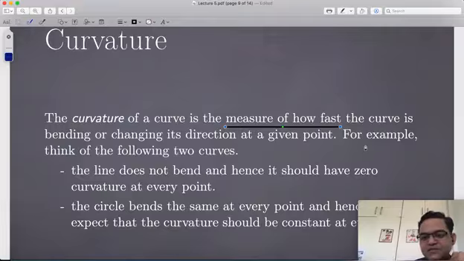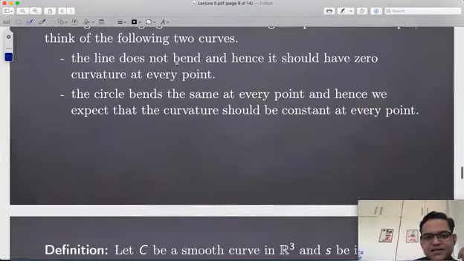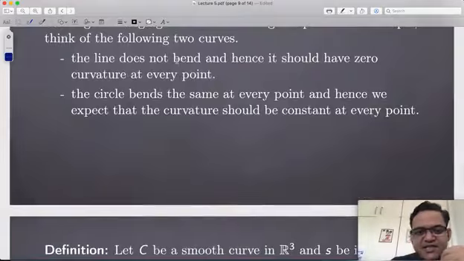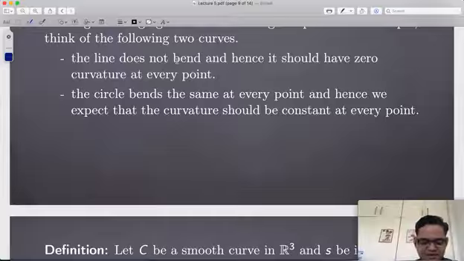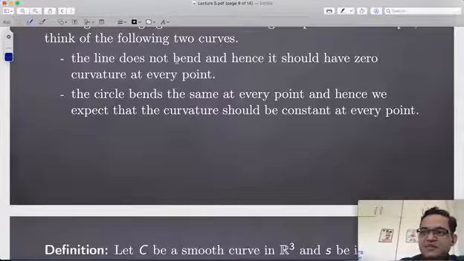For example, these examples you already know: if I have a line, it doesn't change its direction, it has a fixed direction. So whatever notion we introduce, the line should have zero curvature. Similarly, if you draw a circle, you will notice that at every point the curve is changing the same.